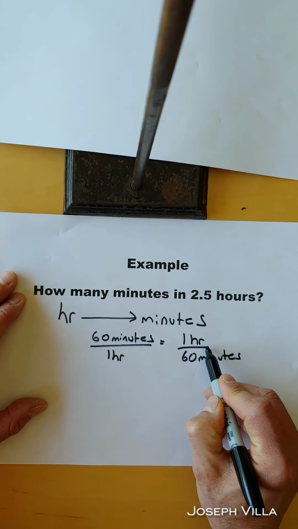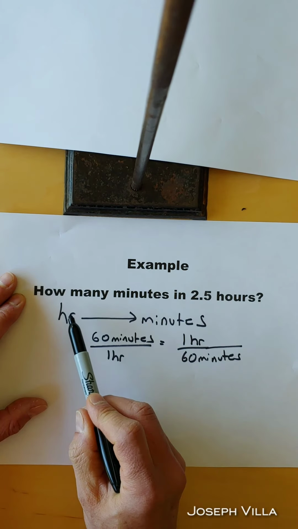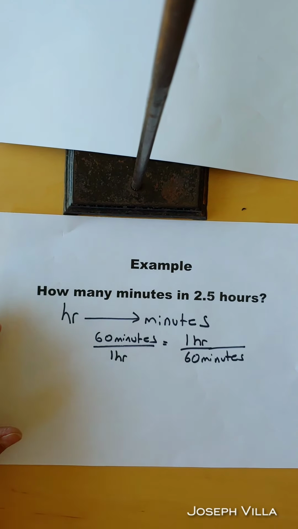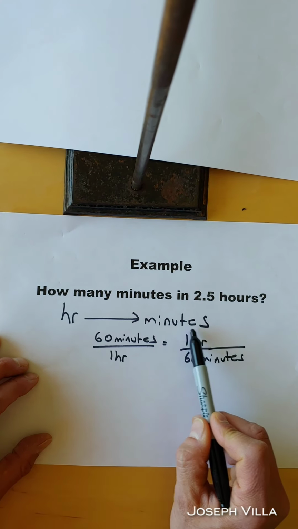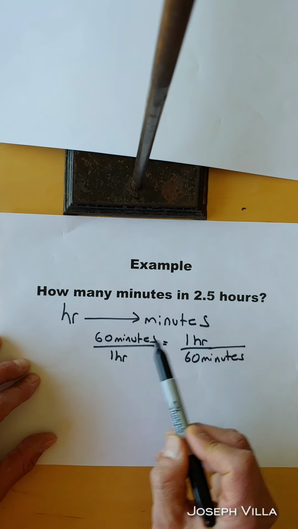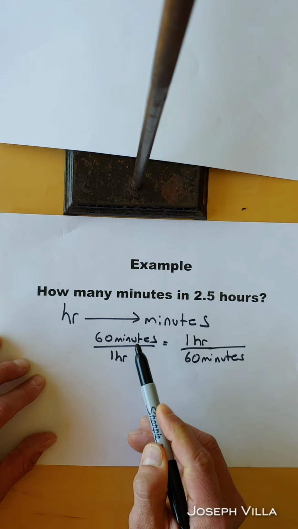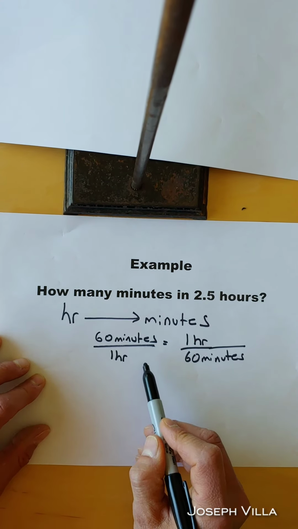So there are two possible conversion factors that I can use for converting from hours to minutes. I want my final answer to be in minutes, so my conversion is going to have minutes on the top. Whatever units I want go on the top of my conversion factor.